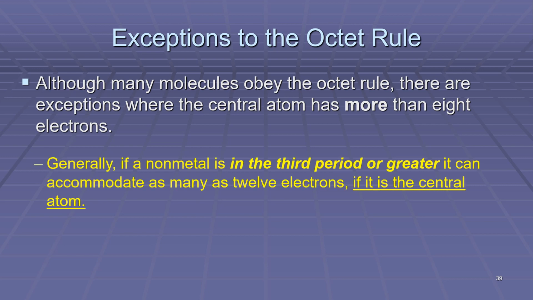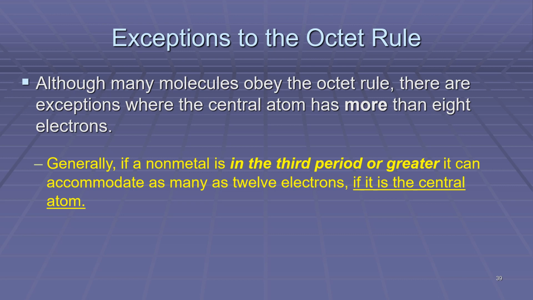The other exception is that some molecules, and they only can be elements that have to be in the 3rd period or lower down. So phosphorus can do it, sulfur, chlorine, anything further down. So carbon, nitrogen, oxygen, fluorine cannot have more than 8. But if you're in the 3rd row or further down, you can have more than 8.